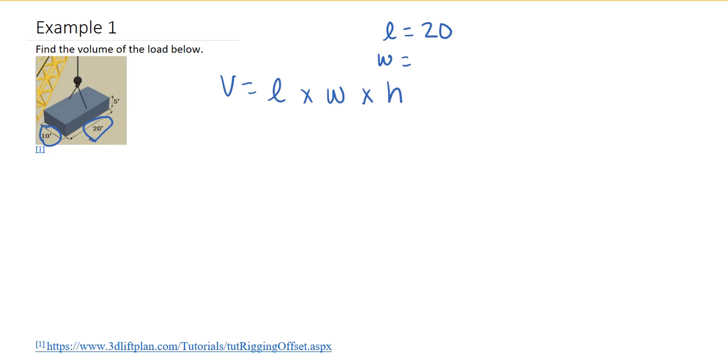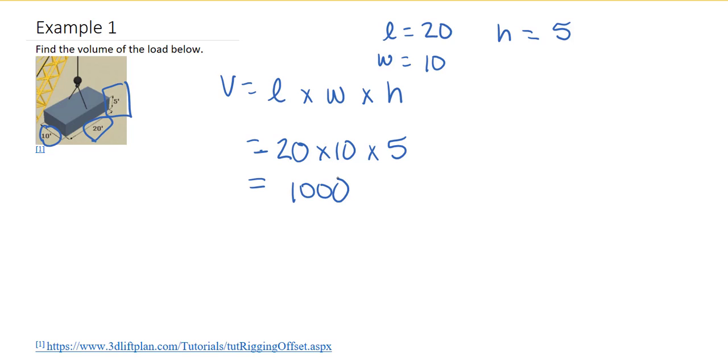This is our length. And then our height is 5. So let's go back. So we go 20 times 10 times 5. So 20 times 10, well, that's 200, times 5, which would be 1,000.